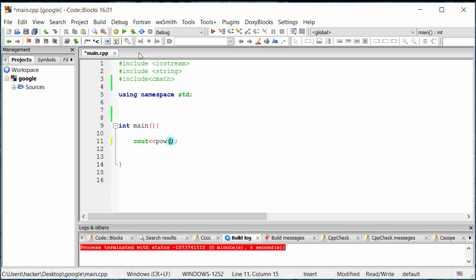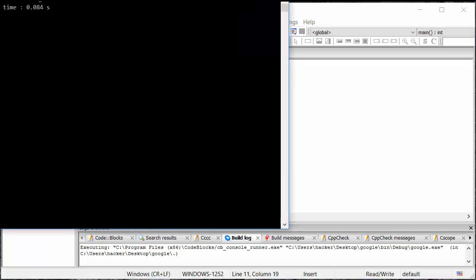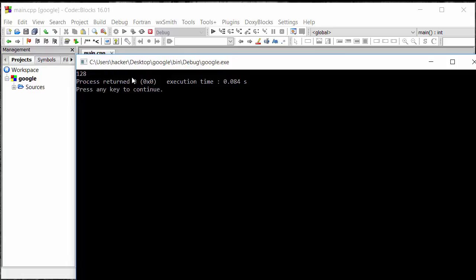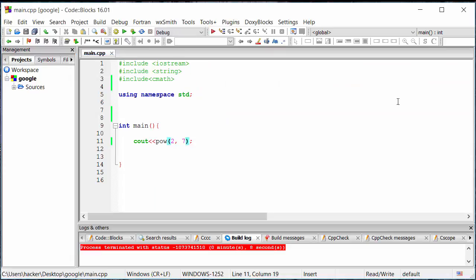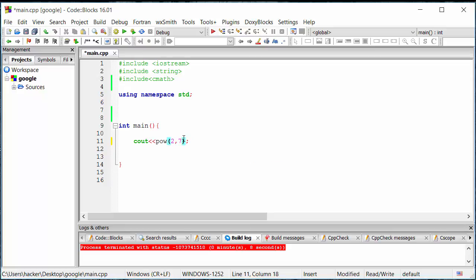First, the base number you want to enter, and that is 2, and then what power you want to raise it to. So I'll raise it to the power 7. Now if we run this, 2 to the power 7, I think it's 128, and honestly I read it off right here. So 2 raised to the power 7 is 128, and you can enter any two numbers here and it will raise the first number to the power of the second.